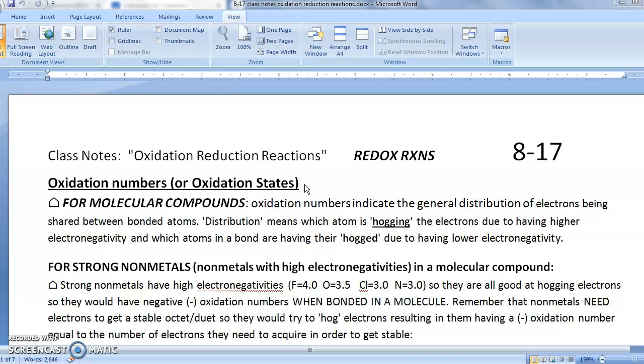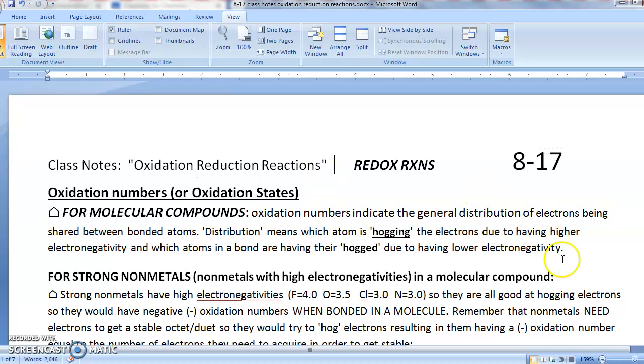An atom in a molecule that is able to pull the electrons to it and control the electrons the majority of the time would have a negative oxidation number. The element with a lower electronegativity that is not able to hold the electrons to it would have a positive oxidation number. And the actual number itself would refer to how many electrons are being controlled.